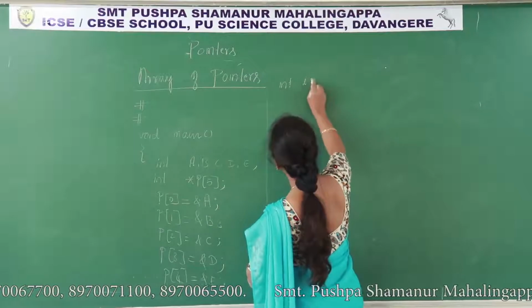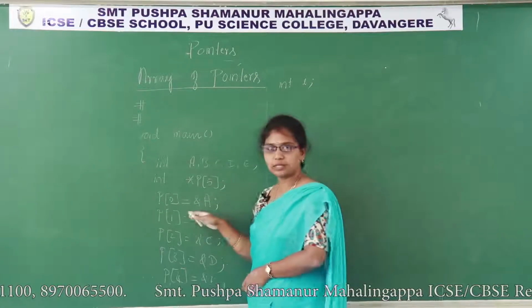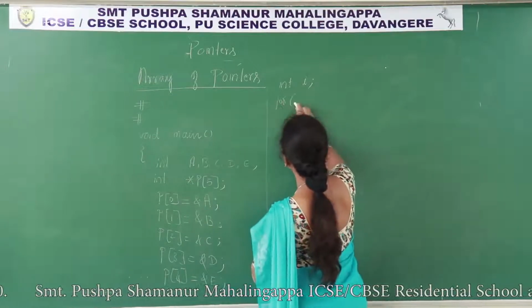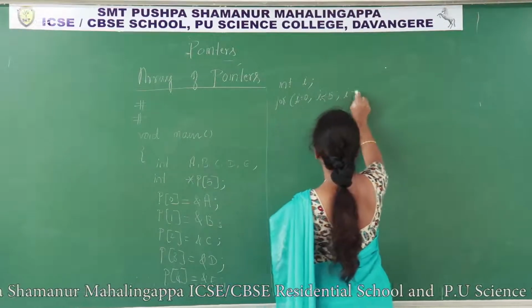Int I. Anyhow, the array of pointers has the addresses of these elements, so I can make use of the array. I can write a for loop here: for I is equal to 0, I less than 5, I plus plus.